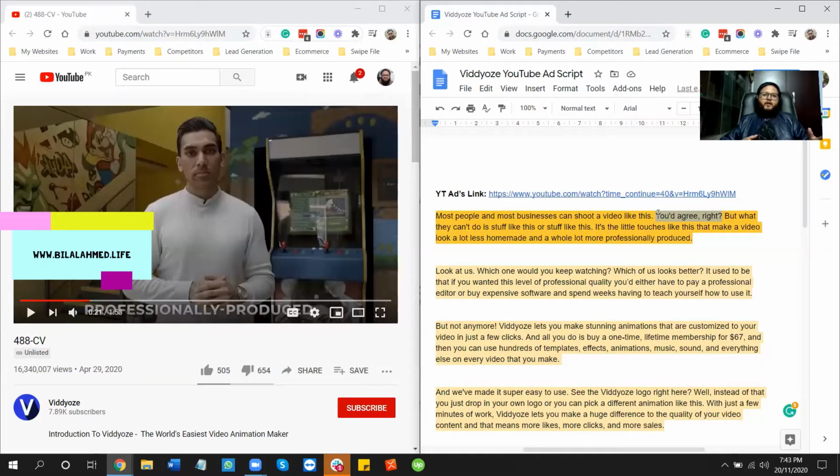And there would be a point where he would be able to get me to agree to something which is painful or harmful in certain ways to me, which means getting me to get my credit card and pay for his product. So that's what you do. You start with a general observation, a general likability or agreeability, and then you slowly build on that, and you would eventually sell your thing to your customers.